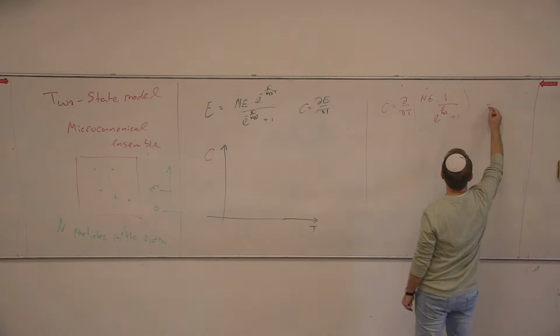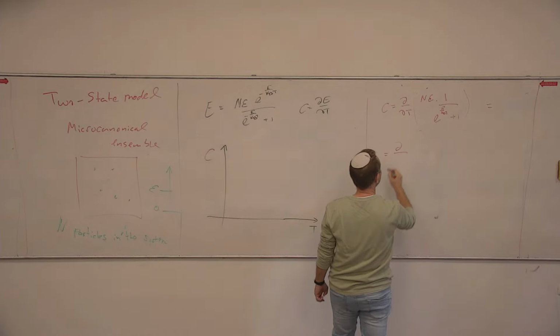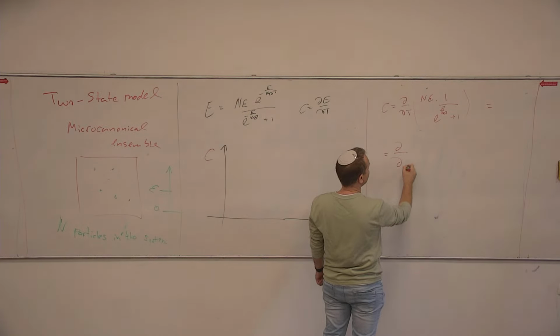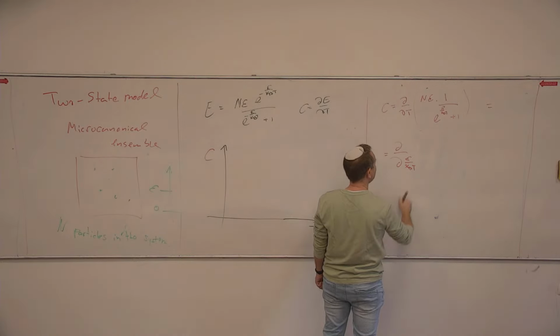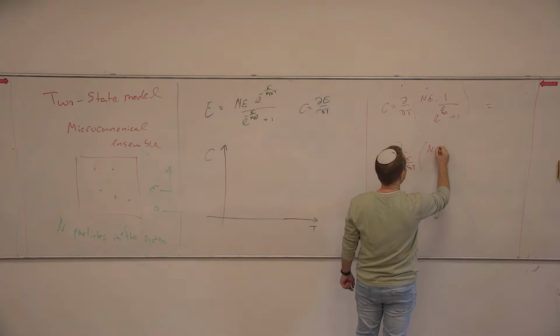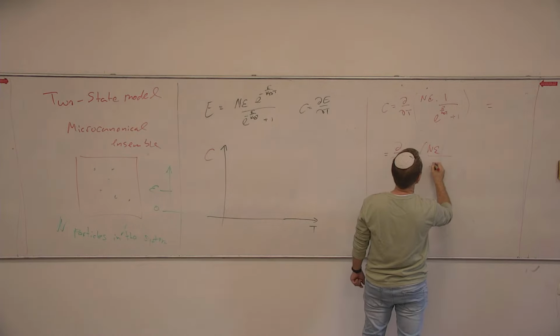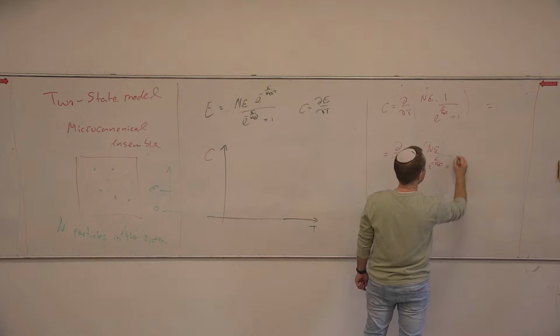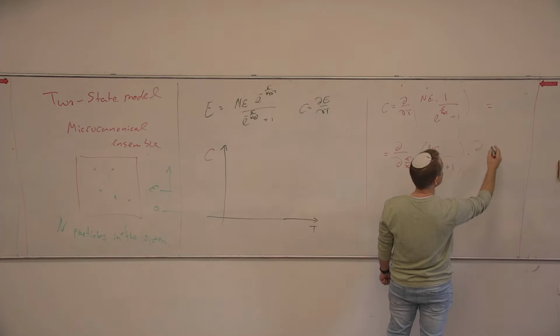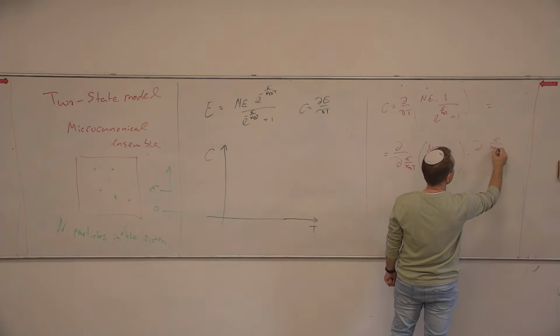Okay, I would like to do it as d over d of epsilon divided by k Boltzmann t, of n epsilon divided by e to the epsilon over k Boltzmann t plus 1, multiplied by d of epsilon over k Boltzmann t by dt.